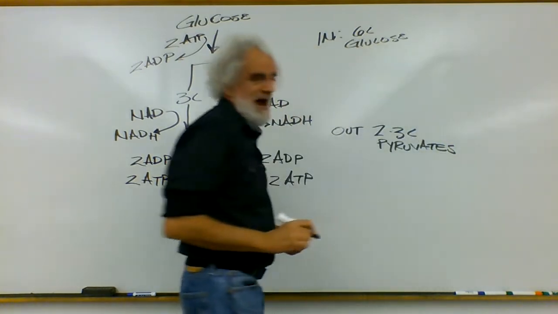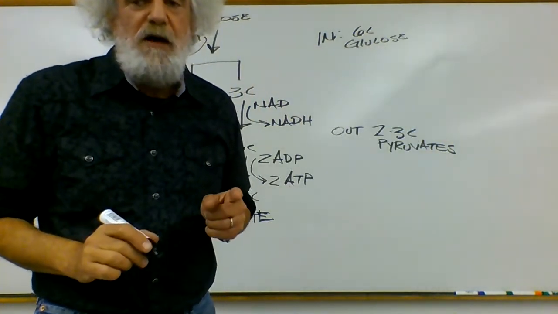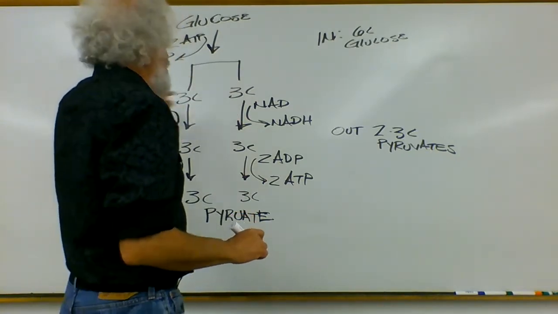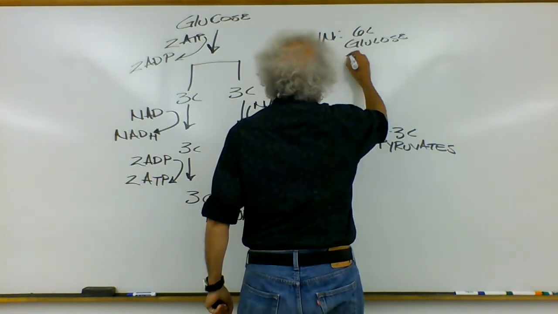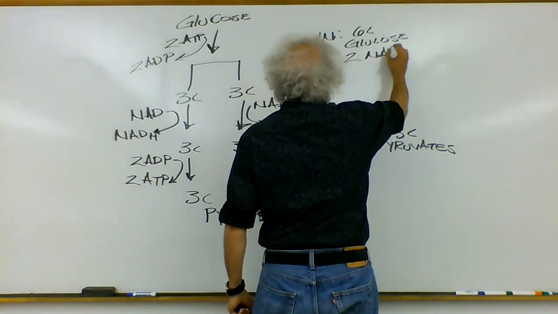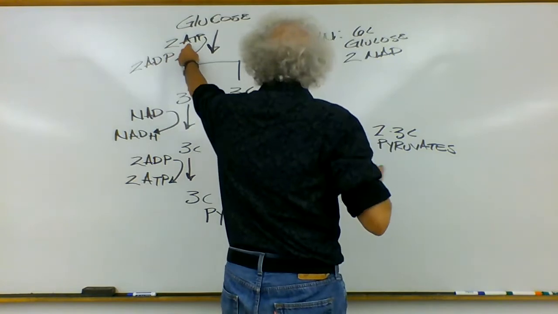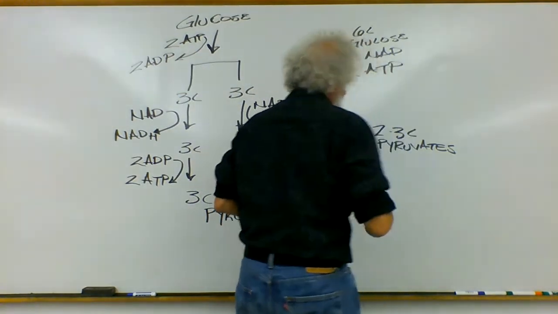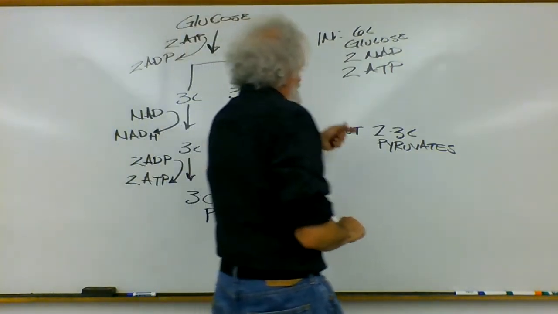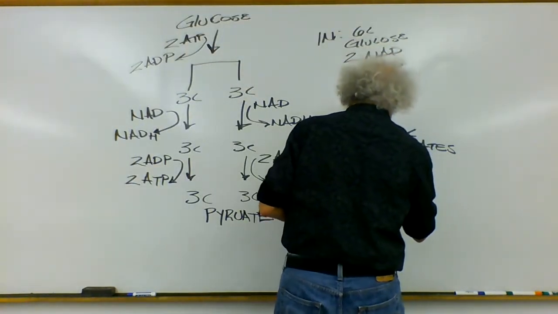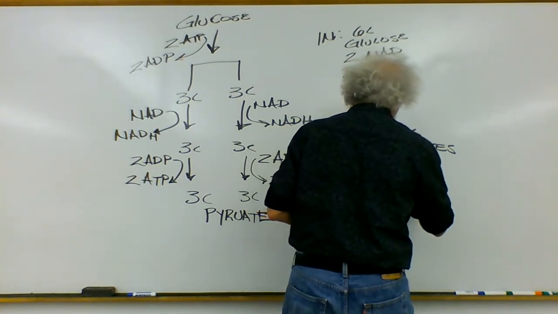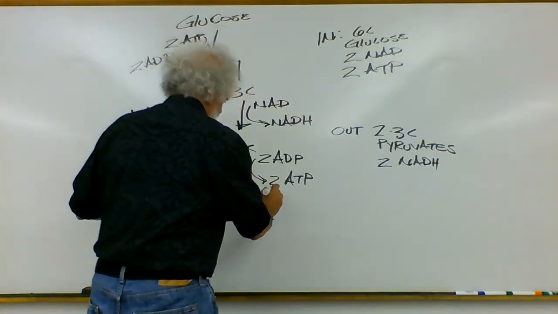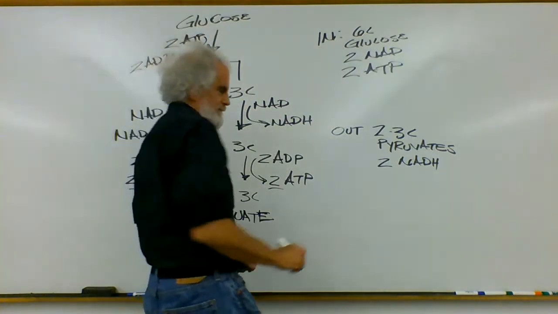What also has to be here is 2 NADs. And to get this thing started, we need 2 ATPs. What comes out is 2 NADH and a total of 4 ATPs. 2 from here, 2 from there.